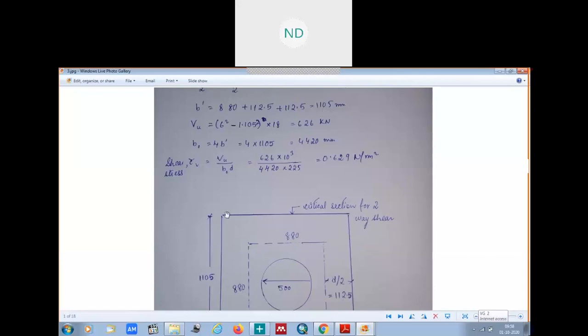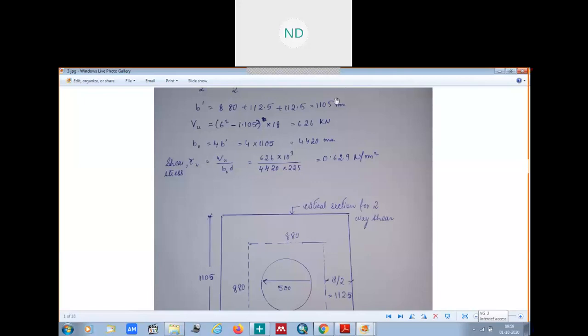The size was 6 meter, the same from all the sides. It was a square panel, not a longer and shorter span kind of thing; it was 6 meter into 6 meter.